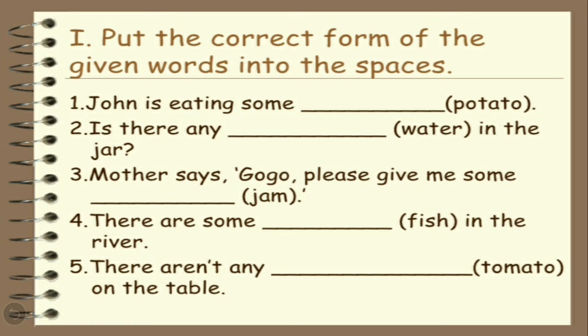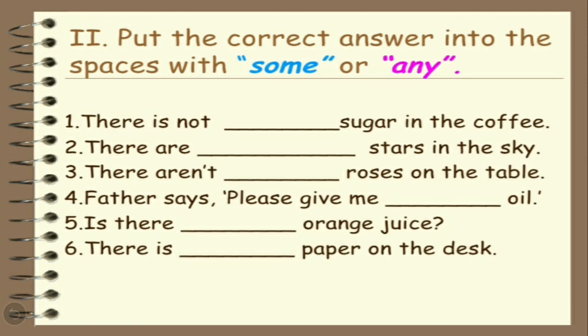Is there any dash in the jar? Mother says, Gogo, please give me some dash. There are some dash in the river. There aren't any dash on the table. I hope children, quickly the answers are in your mind and you have spoken out loudly.